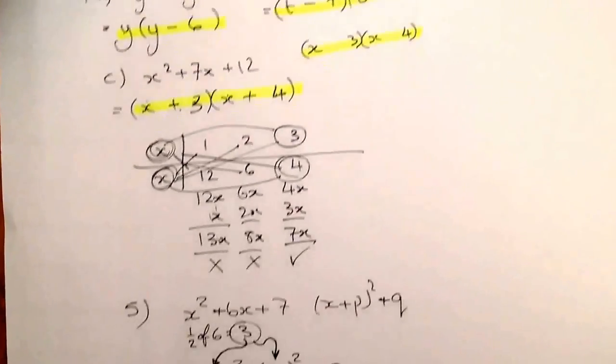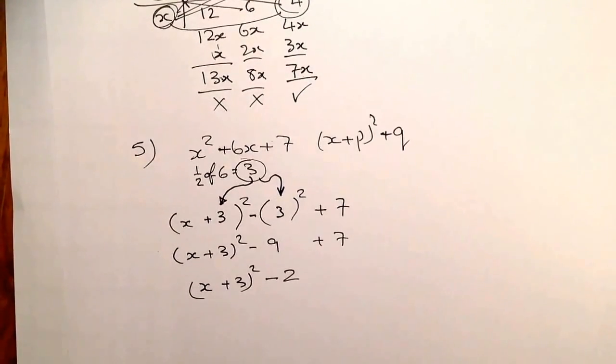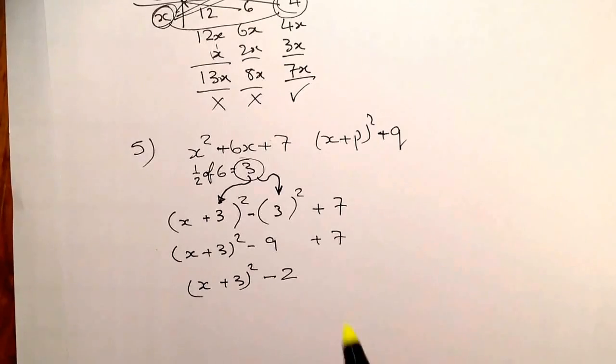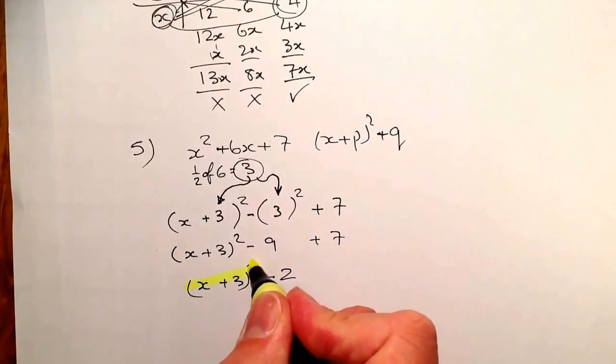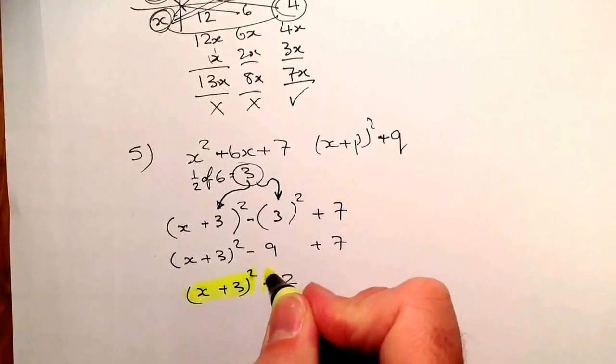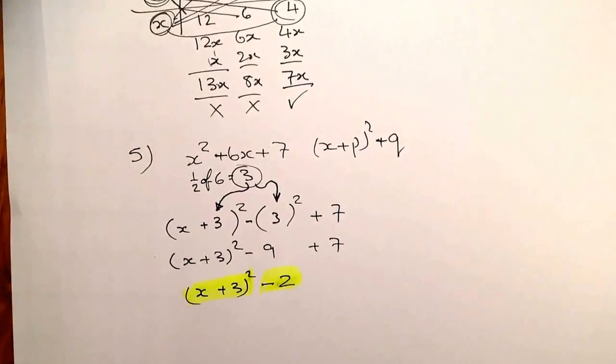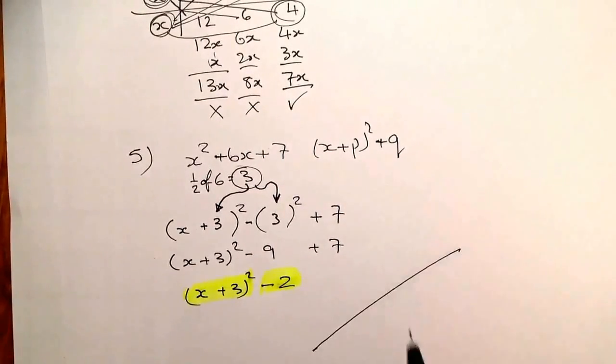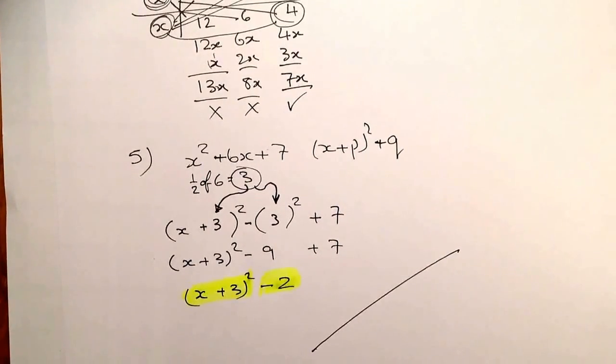Question 5, I'd be looking for 2 marks here. The first mark would be for this part here being squared, and the final mark would be for this part here. And that's outcome 1.2.